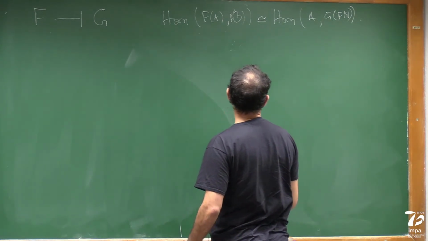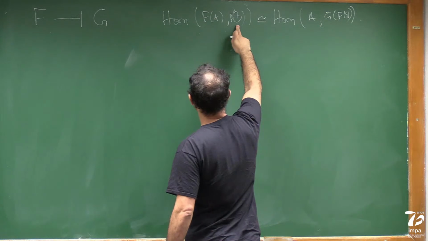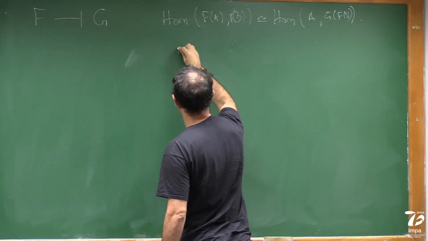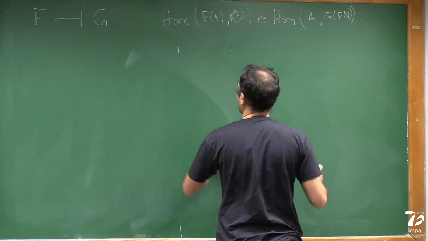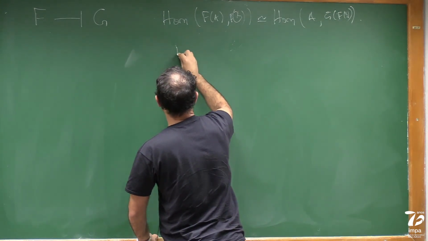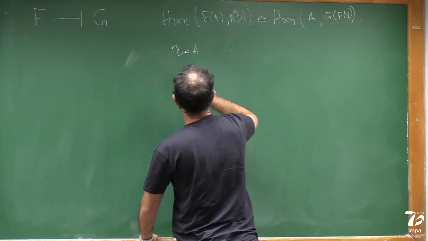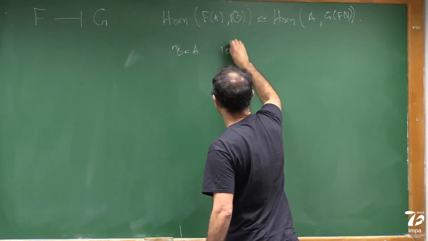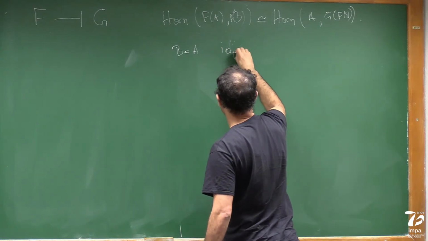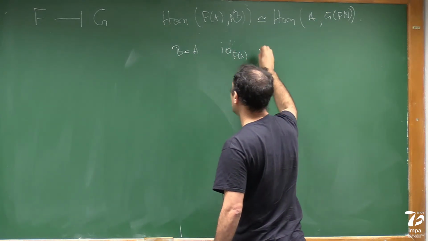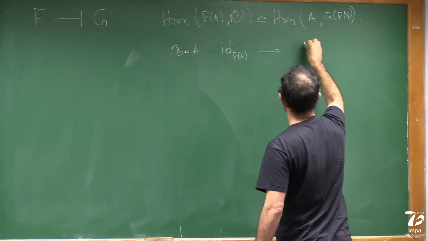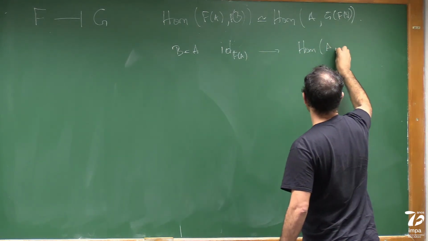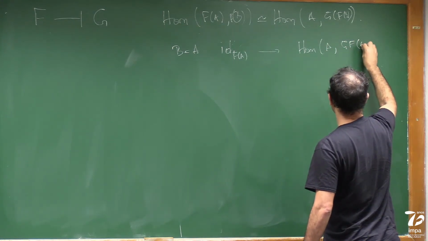Well, I can just now choose this B to be A. If I choose B to be equal to A, then I get a map from the identity of F of A. And I get an element here which goes to some element here, hom from A to G F A.